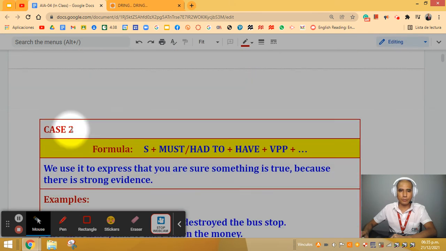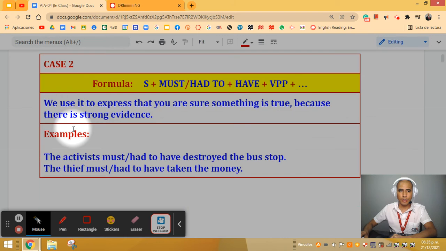So we're going to see now case number 2. The formula says subject. Here we have two options, must, had to, plus have, and plus the verb in the past participle, plus something else. When do we use it?